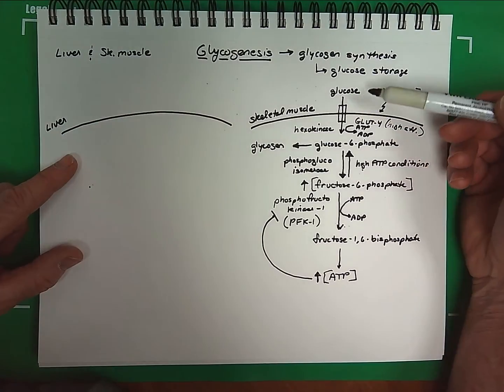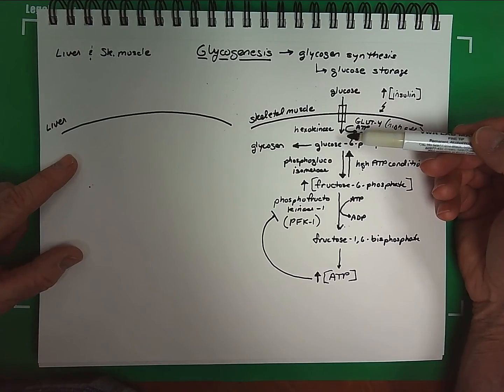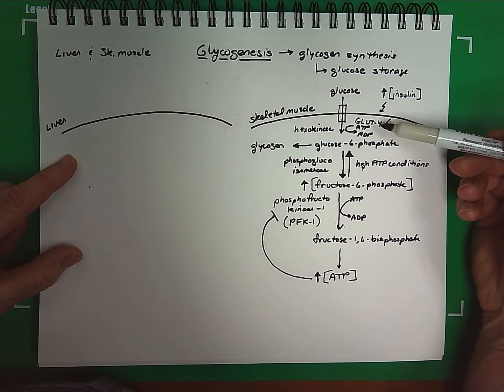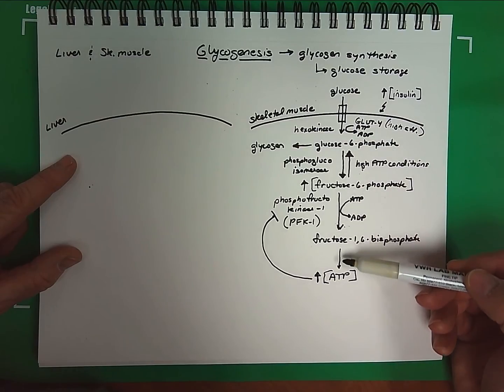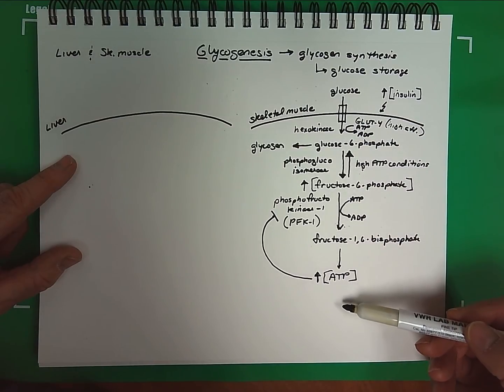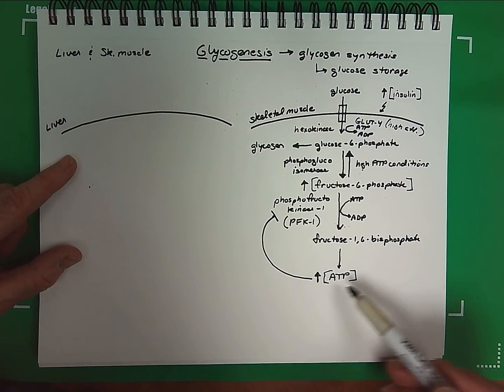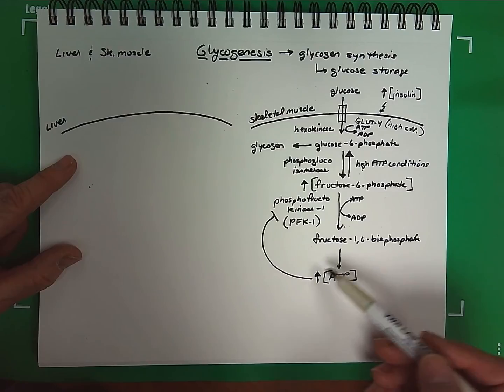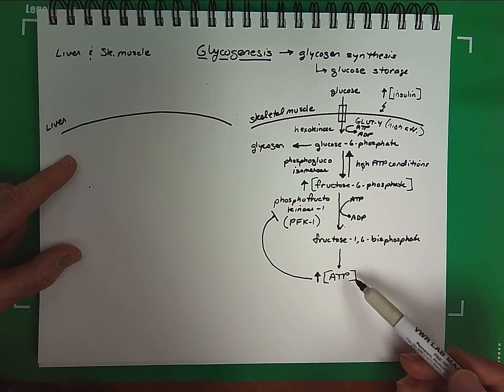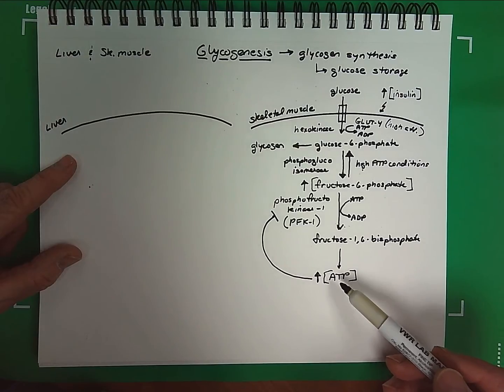Skeletal muscle wants to take that glucose up because of this high affinity transporter, GLUT4. The primary objective is to pass through glycolysis, TCA, and oxidative phosphorylation to generate ATP, lots of it, for the muscle cell. But once this ATP level goes high, we have very little ADP left to convert to more ATP.